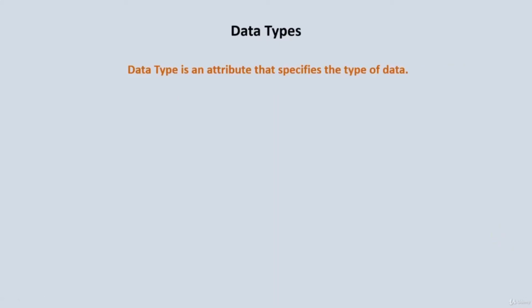Next, let's take a look at data types in SQL. Data type is an attribute that specifies the type of data. We have the numeric data type, string data type, and date data type. Under the numeric data type, we have two types of data that can be stored inside of a numeric data type.